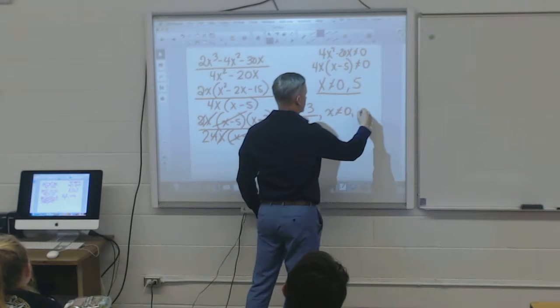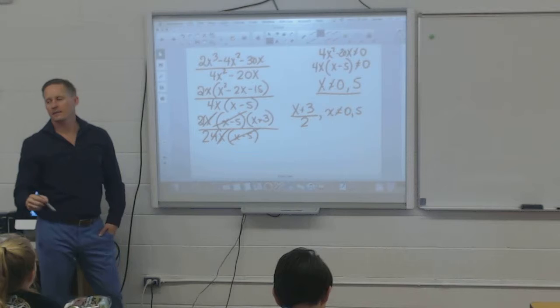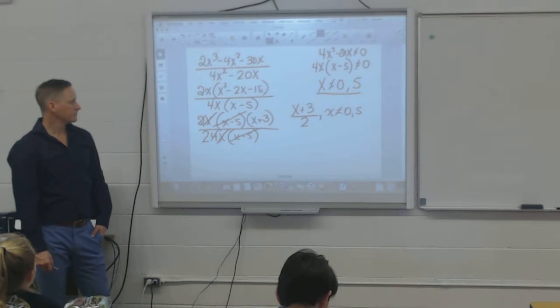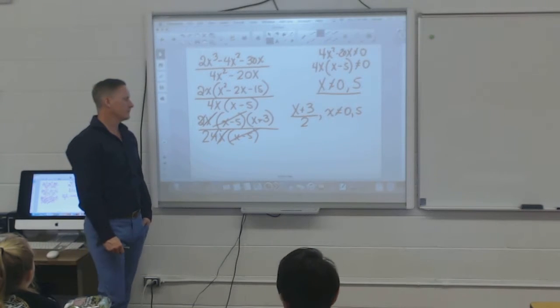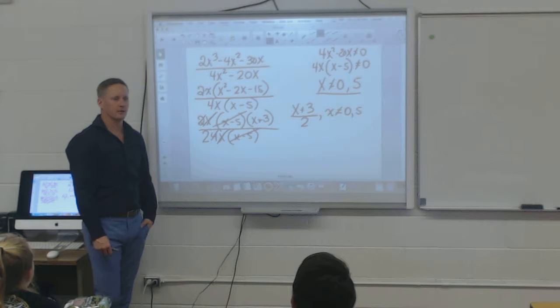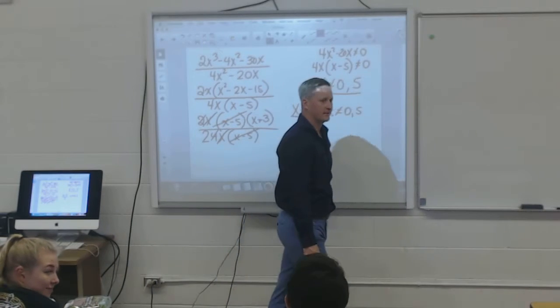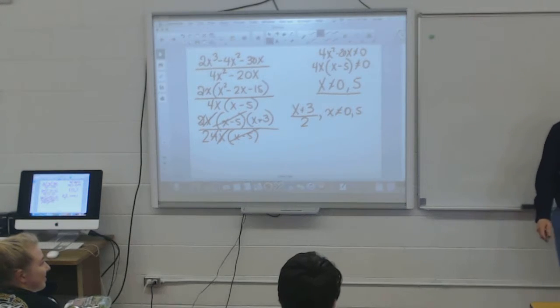My restrictions being 0 and 5. Factor, factor, factor, factor. And then simplify. It's really not terribly difficult. Unless you can't factor. Unless we have trouble with our times table. Not naming names. Am I?